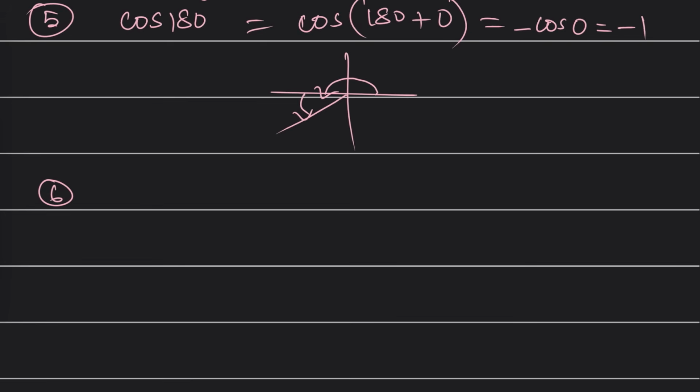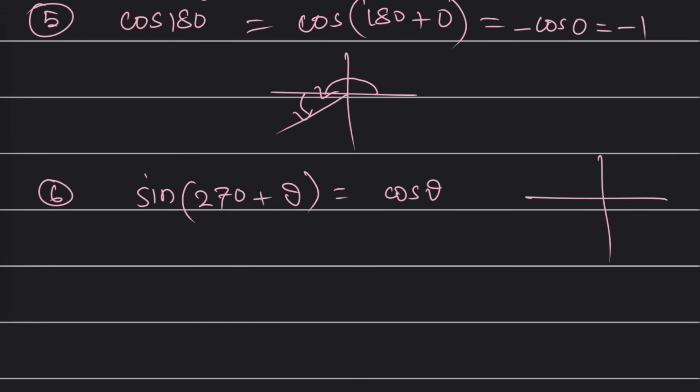Sixth. Sir, here, can you let me know sine 270 degree plus theta first? Sir, 270 means it is odd multiple of 90, means it is going to change. Cos theta. Quadrant, sir? In which quadrant, sir?